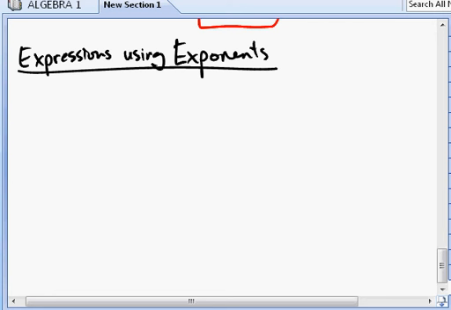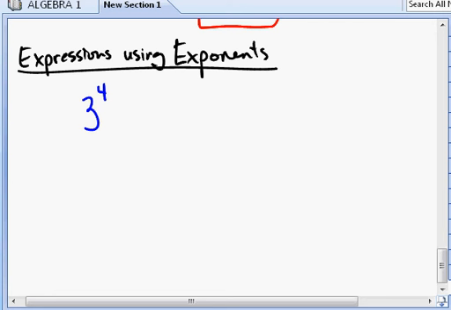Some of you already know what these are, I think. You don't have to write exactly what it says in the book. You can write it like this, all right? Just write down 3 to the 4th power.